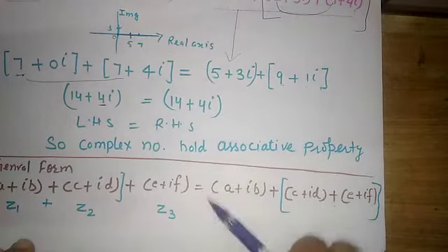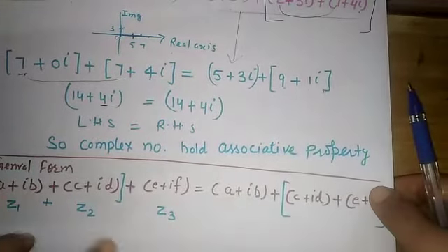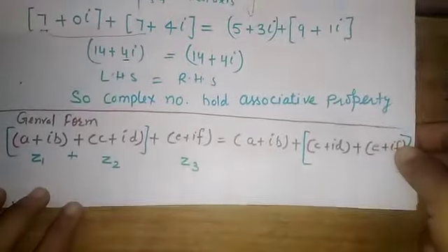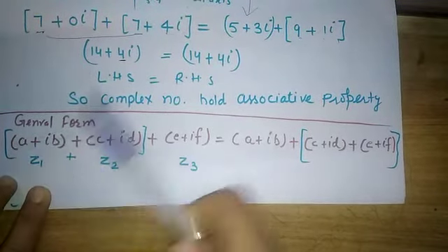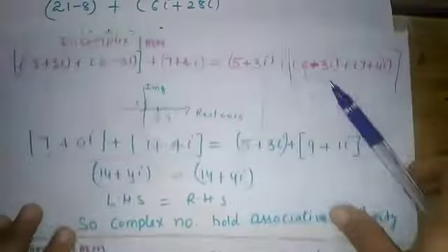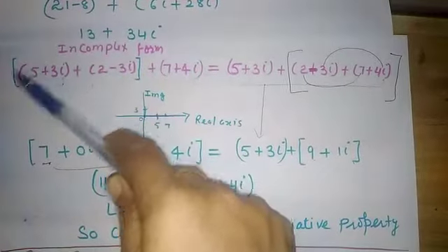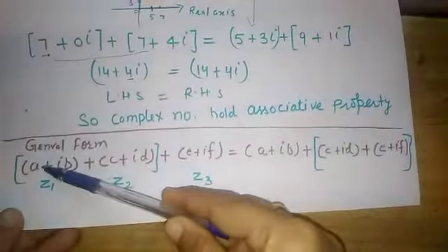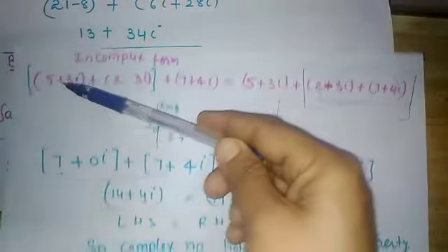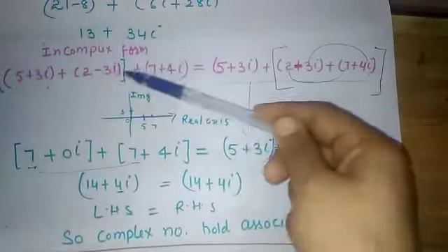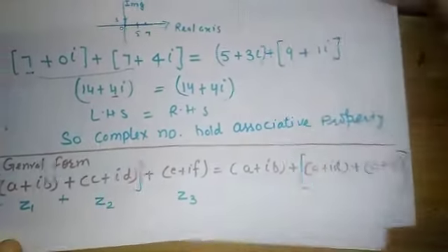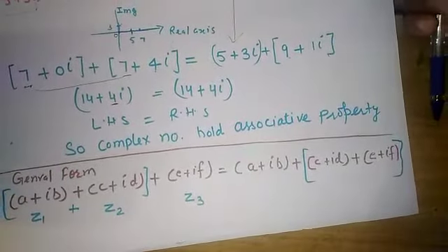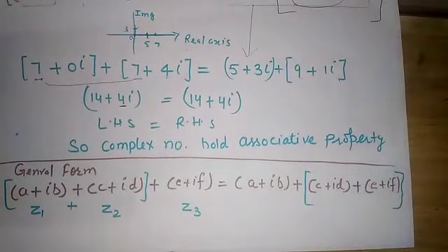So now we will talk about the general form of this addition. In the general form, I have written this type of equation. You can say 5 as a, 3 as b, 2 as c, and in this way I have taken different notation just to write in the general form.